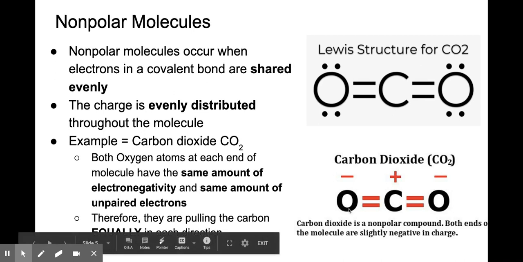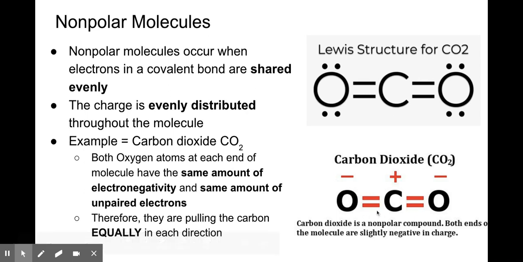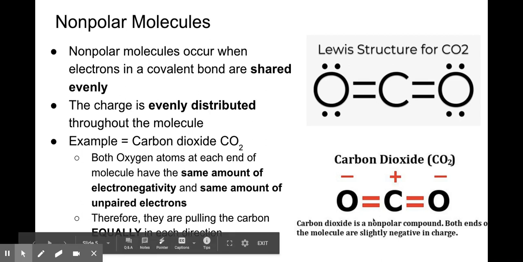This left oxygen is pulling the carbon an equal amount as this right oxygen. So think of it sort of as tug of war. Each oxygen is pulling the carbon equally, which means that carbon's not moving one way or the other. Those electrons that are being shared between carbon and oxygen aren't going in either direction. They're being pulled equally, so they're not moving.